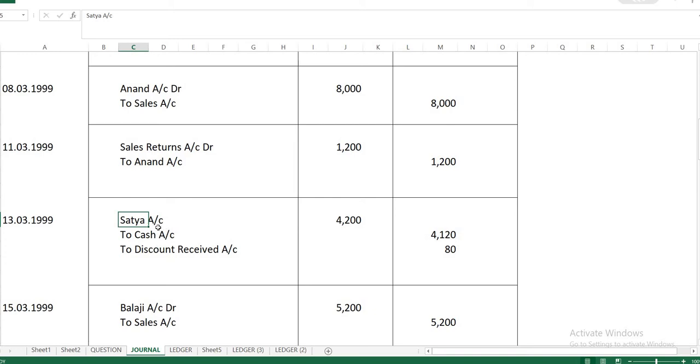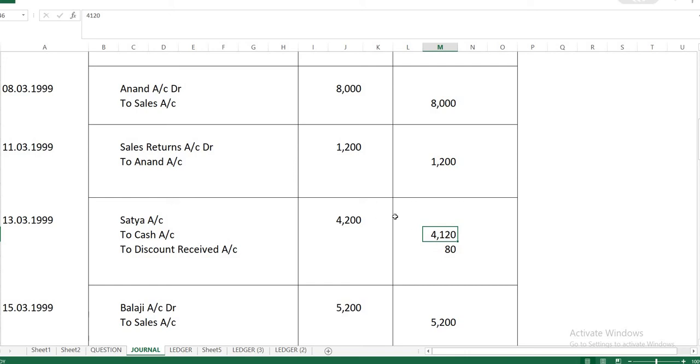In cash account, on the credit side, by Satya account, how much are you going to pay him? 4120, and that amount only we have to show, not this amount. How much are you actually paying him?